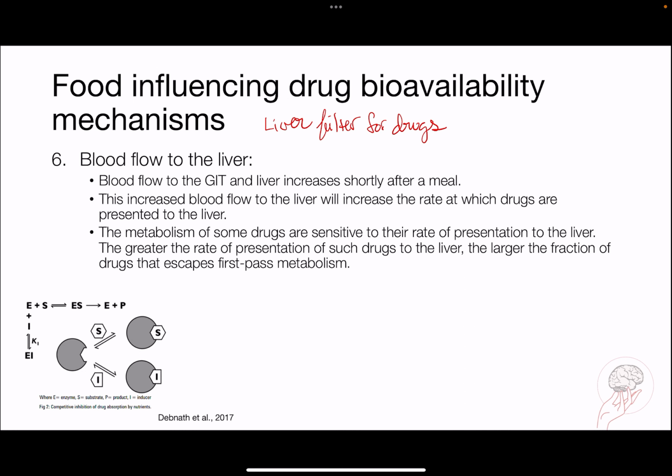So the metabolism of some drugs is sensitive to their rate of presentation to the liver. The greater the rate of presentation of such drugs to the liver, the larger the fraction of drugs that may escape first pass metabolism.